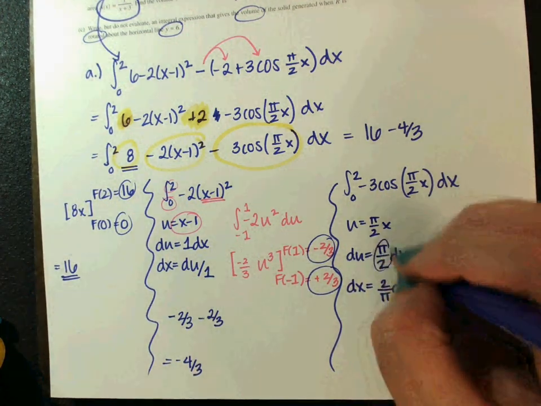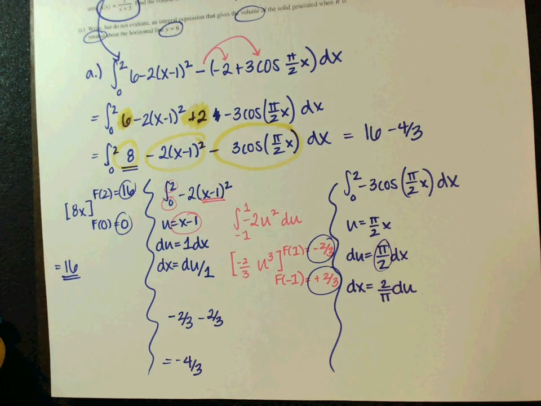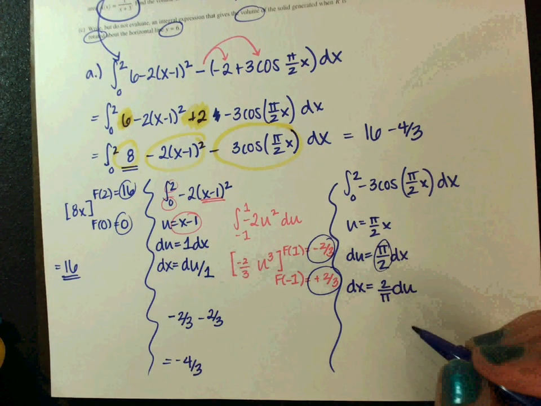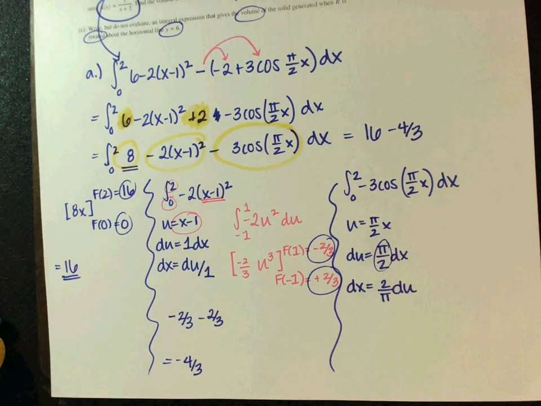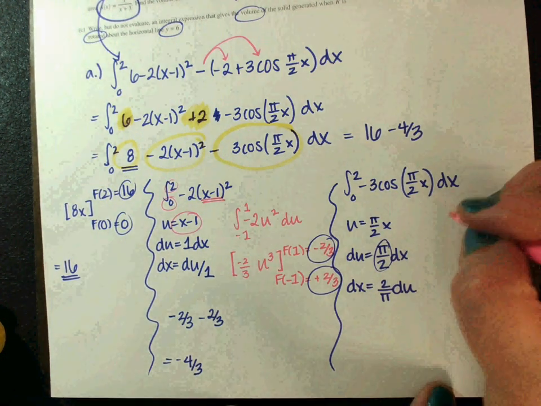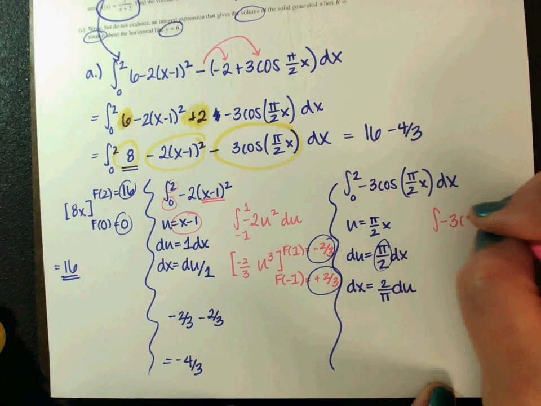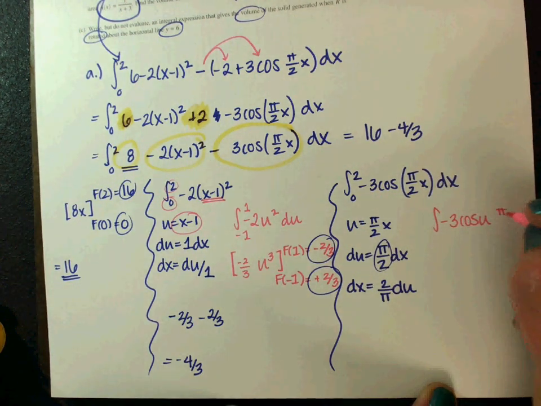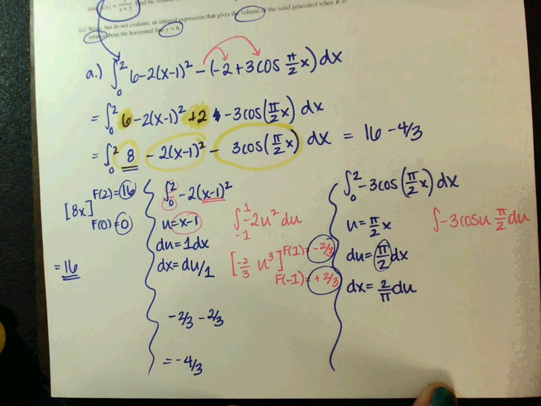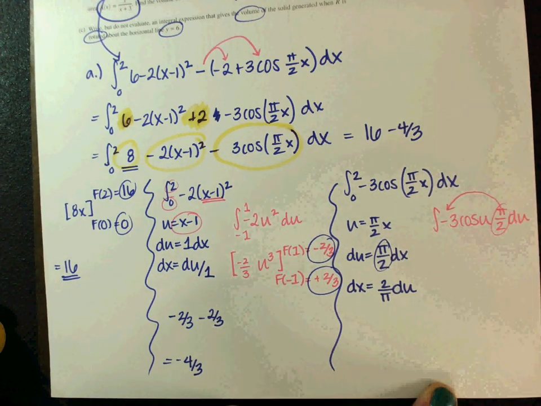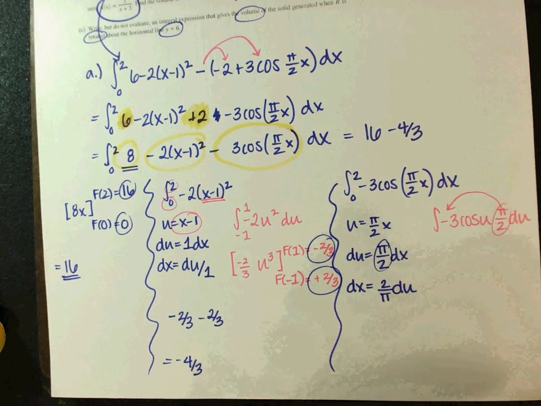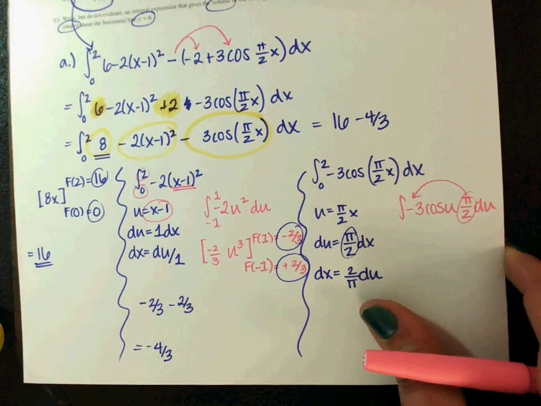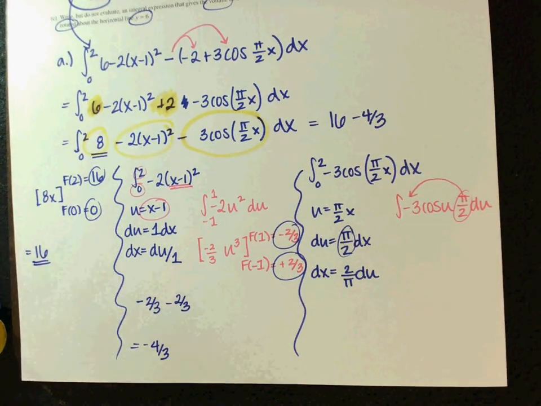So I'm essentially taking my fraction and multiplying by its reciprocal on the other side. Now I'm ready to do my rewrite. For my rewrite, I'm going to have the integral of negative 3 cosine u, and then my du has a pi over 2 in front of it. Now obviously I'm going to pull that to the outside just to get it out of the way.